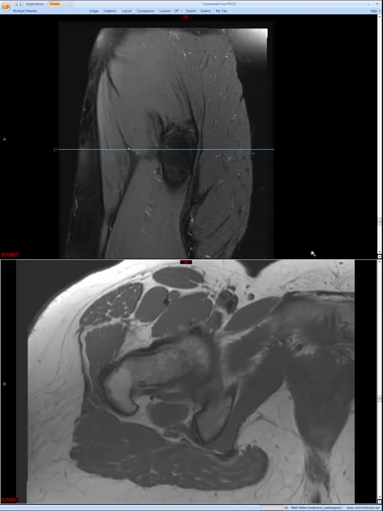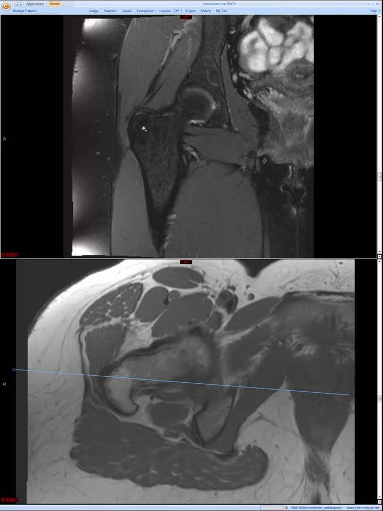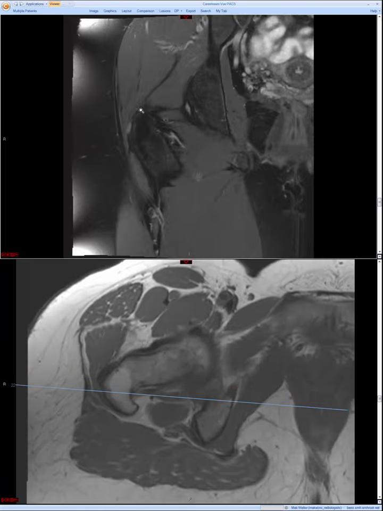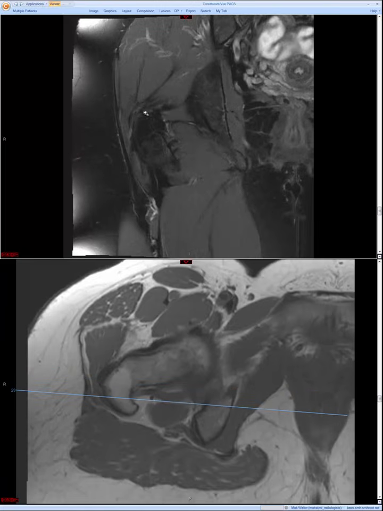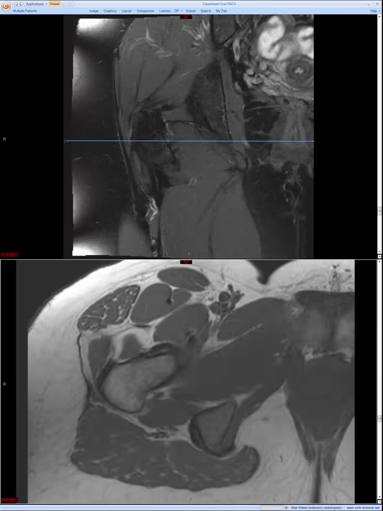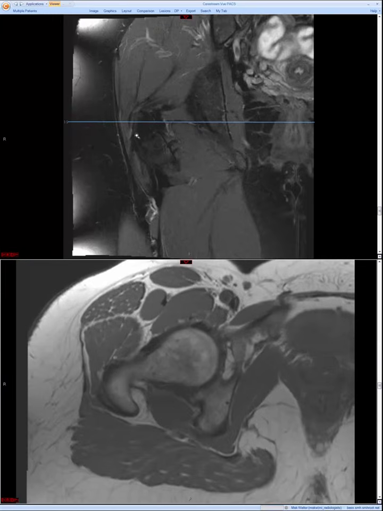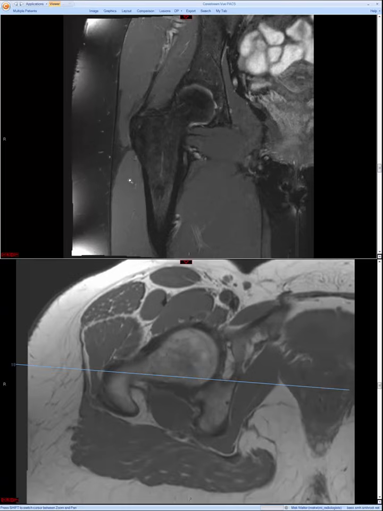If you see fluid deep to the gluteus minimus tendon, then that's subgluteus minimus bursitis. And if you see fluid deep to the gluteus medius tendon, that's subgluteus medius bursitis. A lot of these conditions happen concurrently, so you may have tendinosis and bursitis of one or more of these gluteal tendons.